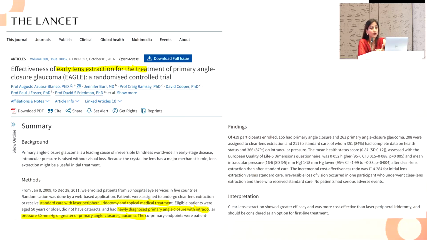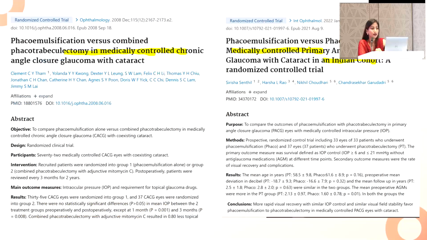A lot of journals have focused on the impact of early lens extraction in the treatment of ACG, like the EAGLE study. But the disadvantage here is that they've compared it with standard care of laser peripheral iridotomy and topical medical treatment. That may have an effect in cases of early to moderate ACG, but when we talk about advanced ACG, just a laser PI and topical treatment may not be able to achieve the target IOP.